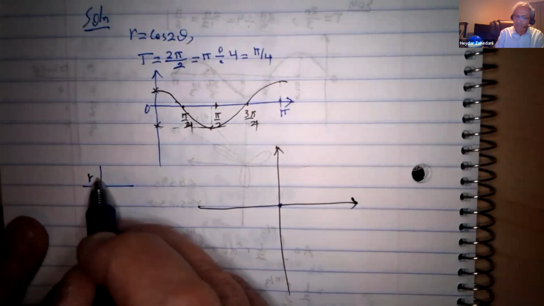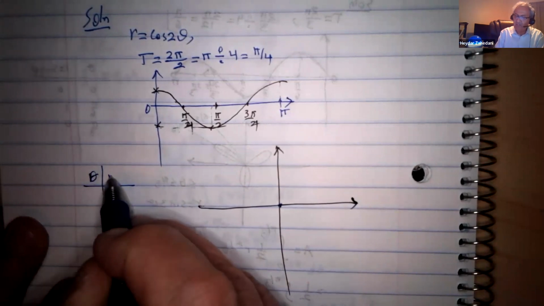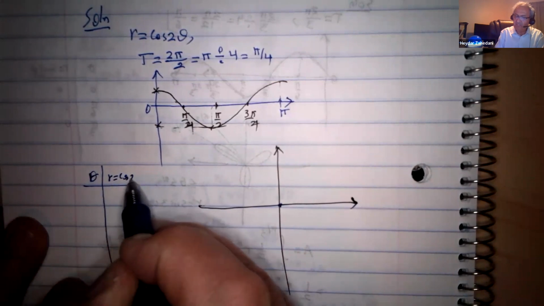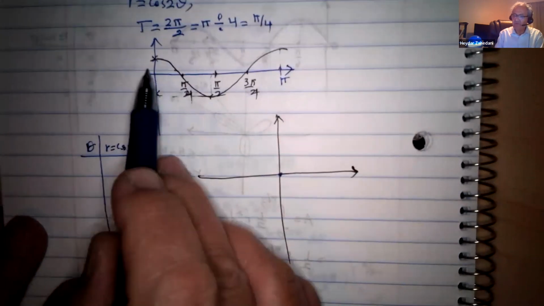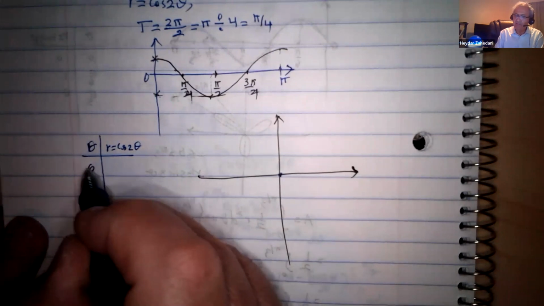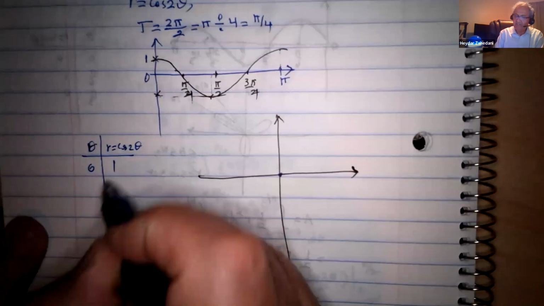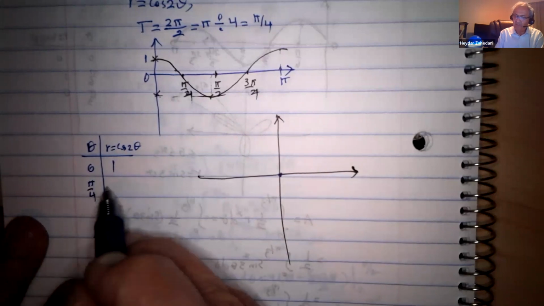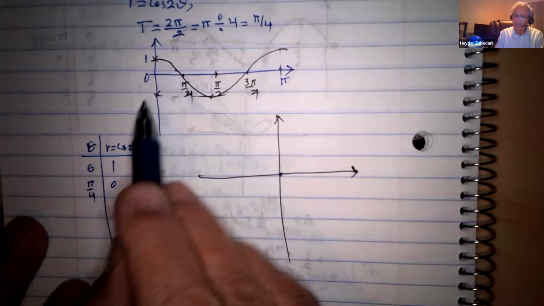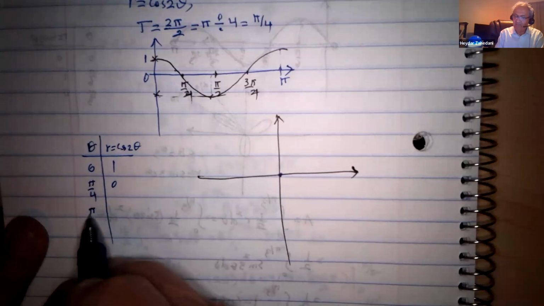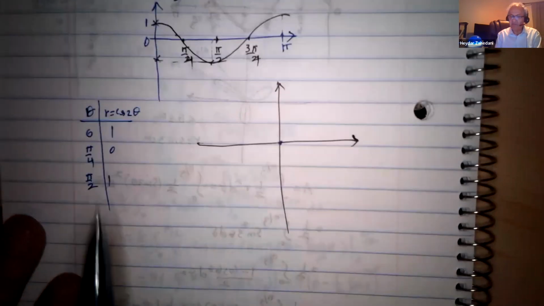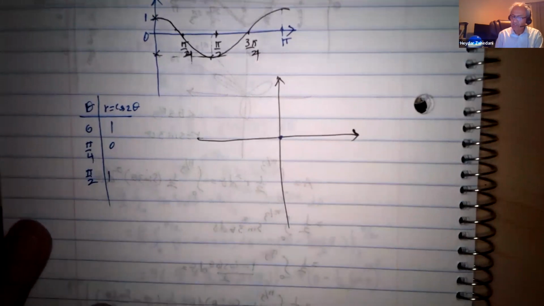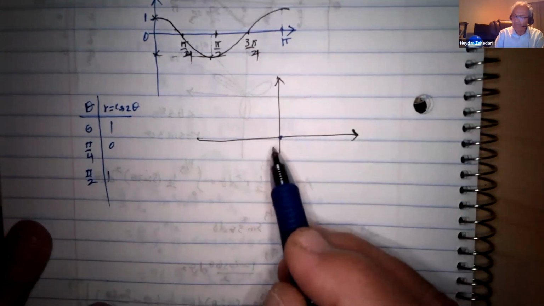It's going to be theta, and this is your r, which is cosine of 2 theta. If theta is 0, r is 1. When theta is pi over 4, you get 0. When it's pi over 2, you get 1. So you get back to the original one.